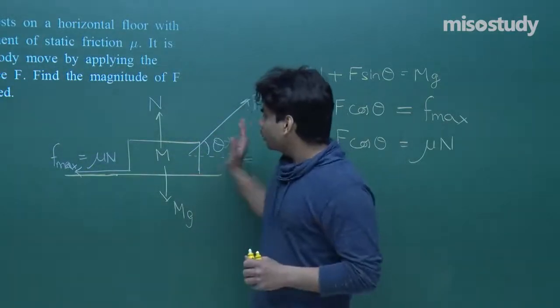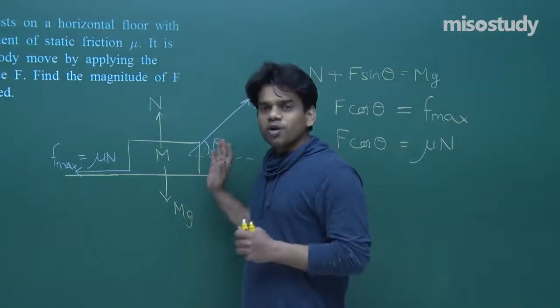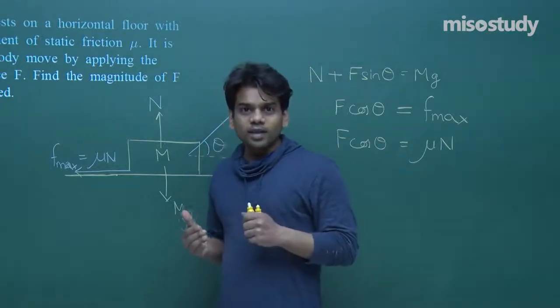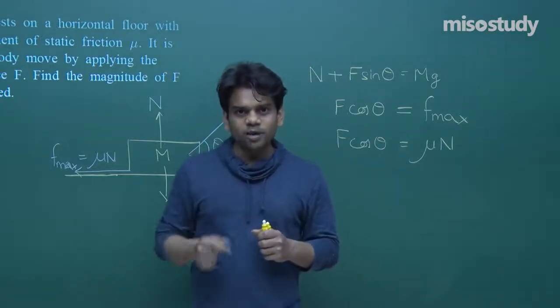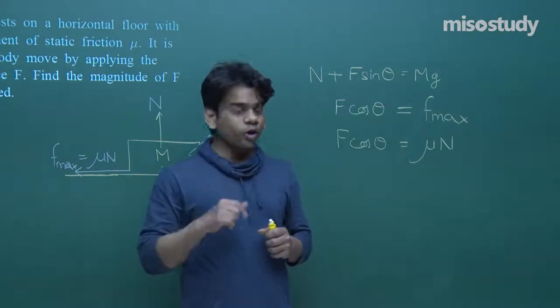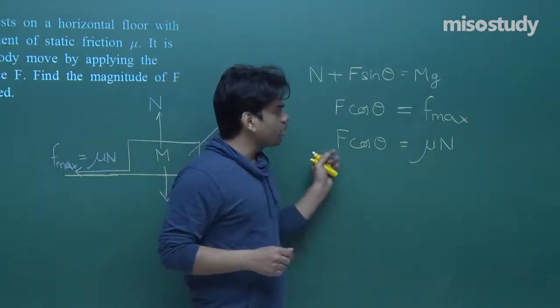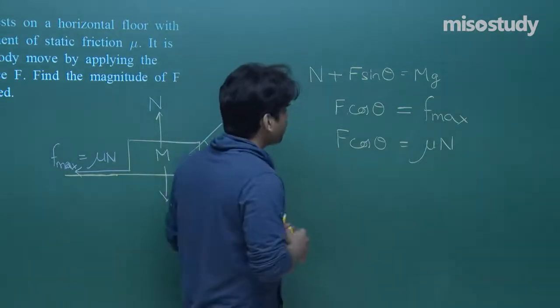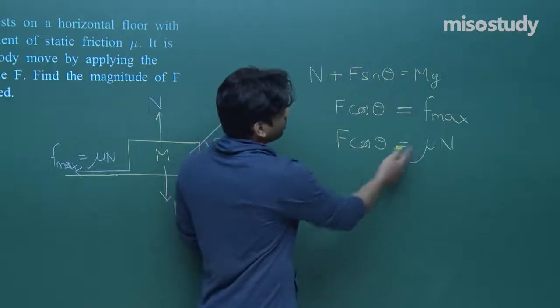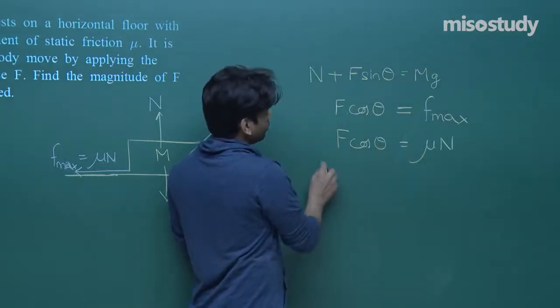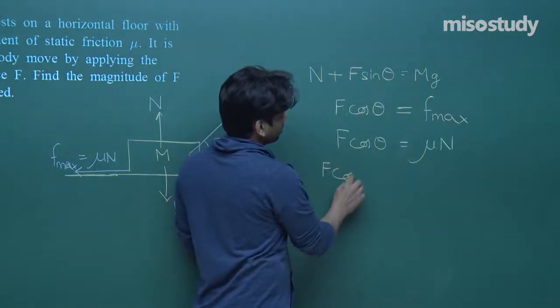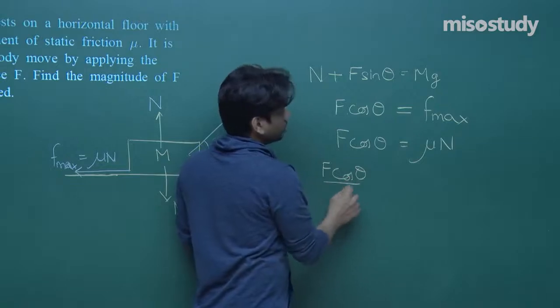Now next, we need to find out the minimum force. For minimum force, we need to understand that we need the maximum and minimum equation. So first of all, I will try to find out the value of F and how it's related with theta. If I replace n by F cos theta by mu, we will be having F cos theta by mu. See how we are doing this.